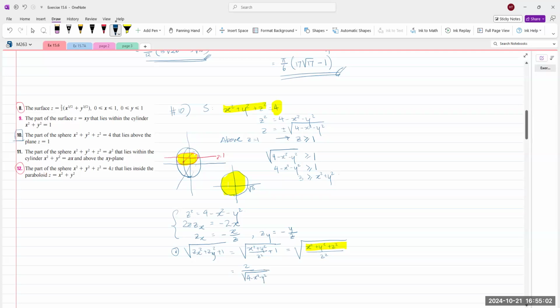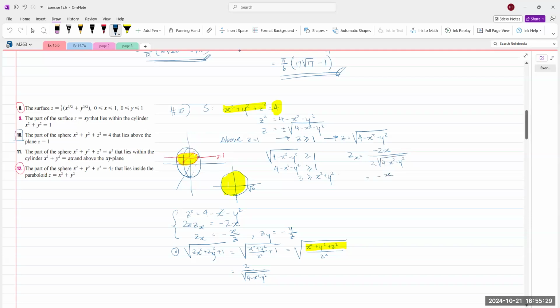By the way, you can just also do it the regular way. If you do it the regular way, then of course we take the positive branch only, right? So z equals positive square root of 4 minus x squared minus y squared. So z sub x will be negative 2x by chain rule over 2 square root of 4 minus x squared minus y squared.